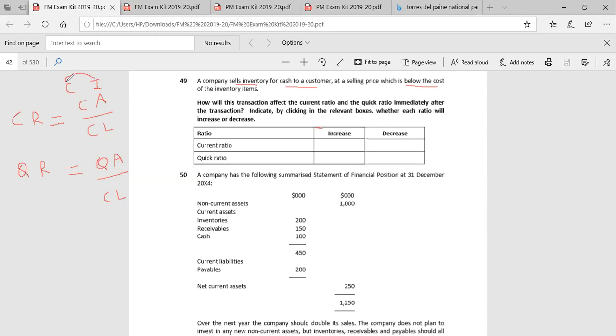But here inventory is sold below the cost price, so less cash is coming in, the numerator is reducing, so the current ratio decreases. But in the quick ratio, inventory is not included in quick assets, so inventory going out does not matter. It's only that the cash is coming in, so the numerator is increasing, therefore the quick ratio increases. So logically we need to present it and then answer the question.